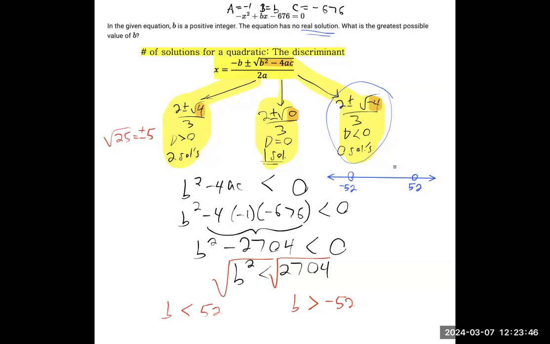So in other words, it has to be right in the middle between these 2 points. Now, it's important to notate that b is an integer. So it couldn't be a decimal, in other words. So what's the greatest integer that fits in this space? It's just the integer right before the 52, and it's 51, and that's our answer.